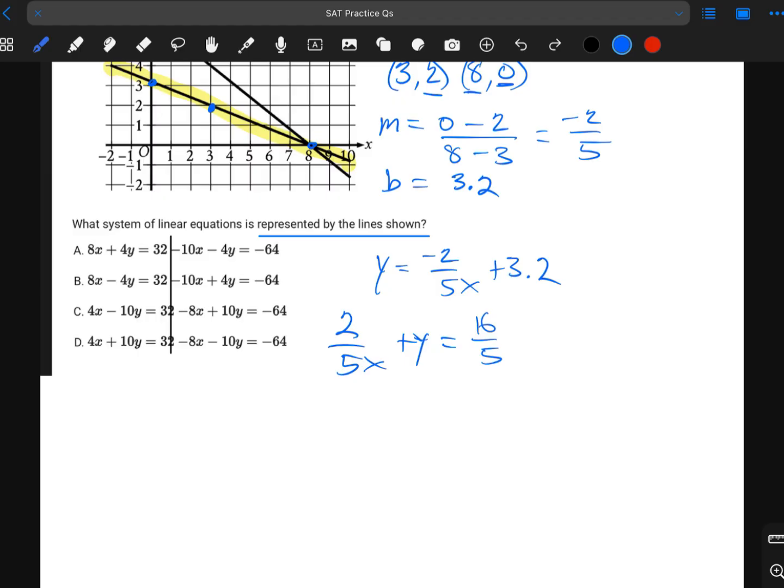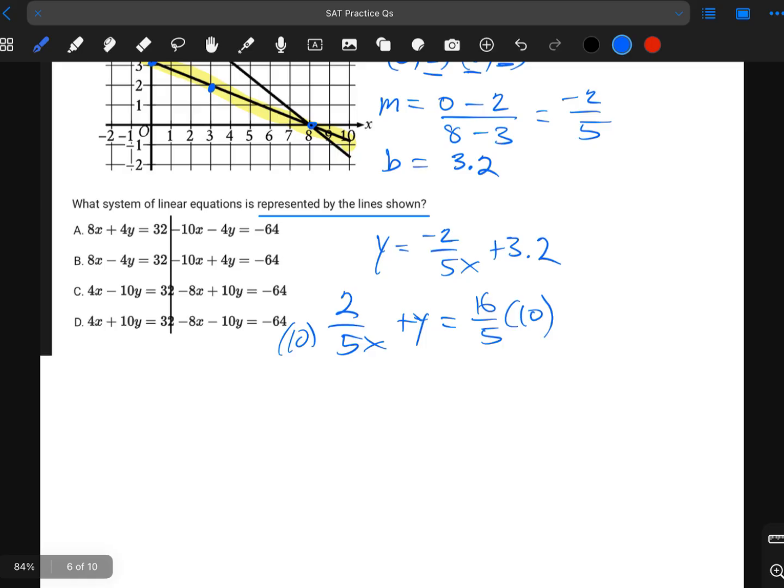So now that we have that, let's try to match one of these formats here. So what can we do to get rid of the denominator? We can multiply both sides by some constant. So let's multiply both by 10. That way you'll have 20 over 5, which will give you 4x plus 10y, because you have to do it for everything.